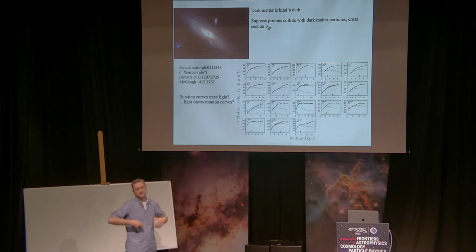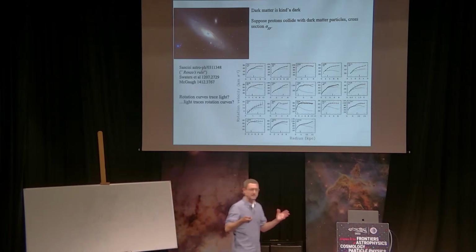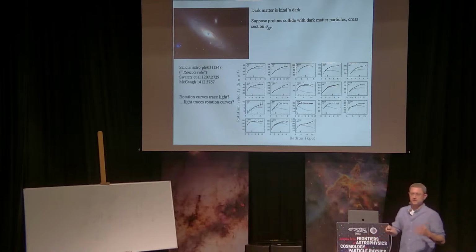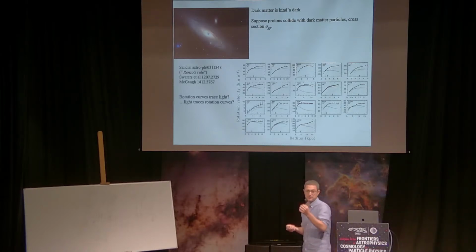And so it begs the question, maybe rotation curves trace light. Of course, this is the MOND paradigm, right? If there is something like MOND around, that's the claim to fame. Rotation curves actually trace light, even though we think there is very little mass attached to the light. So maybe rotation curves trace light, like these people say.